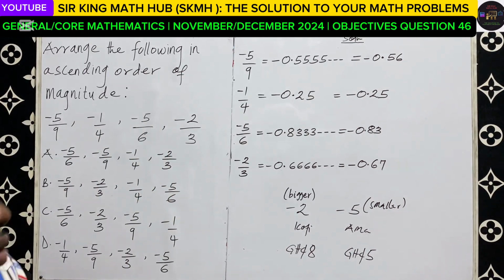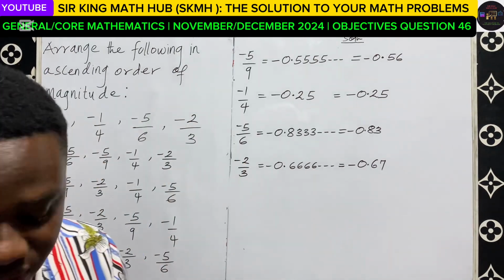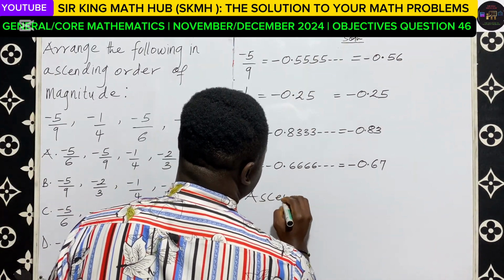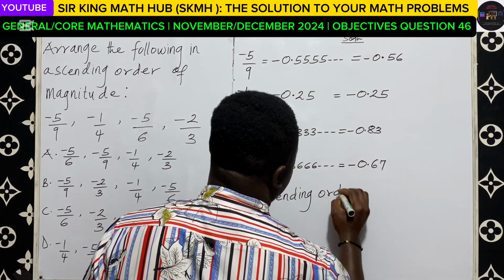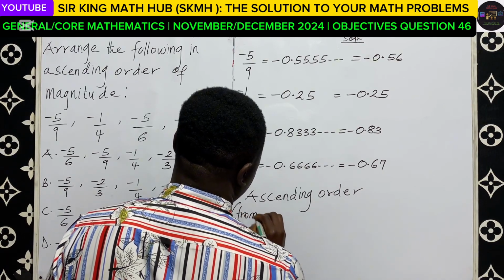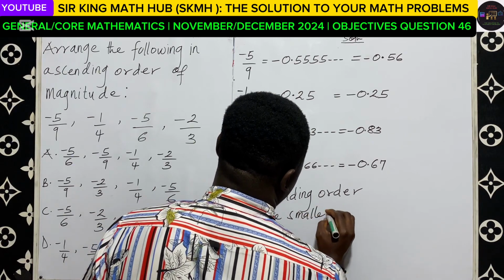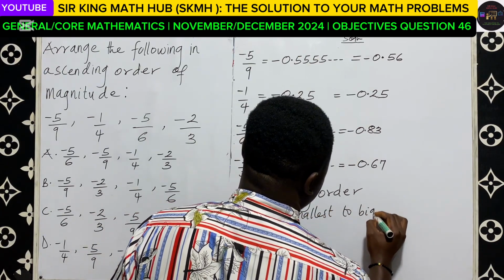With this, we can start with the arrangement. Remember that the arrangement is done in ascending order, meaning from the smallest to the biggest number.